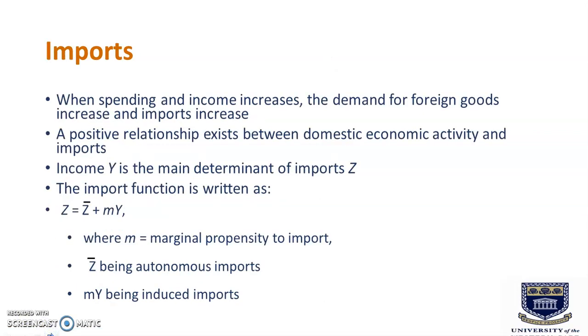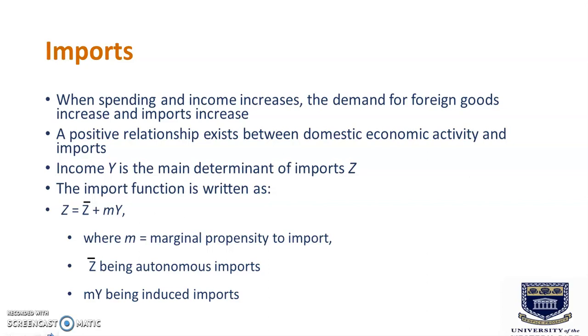Imports. The South African economy is an open economy that is dependent on imported capital and intermediate goods. About 80% of South Africa's imports consist of capital and intermediate goods. When spending and income increase in the domestic economy, this results in an increase in imports. Thus, there is a positive relationship between domestic economic activity and imports.